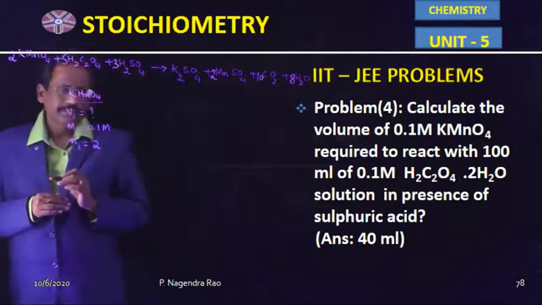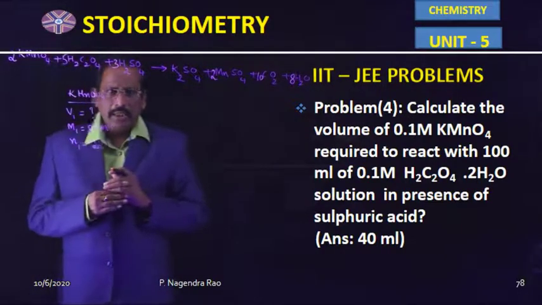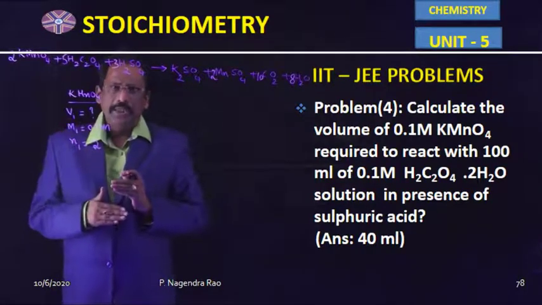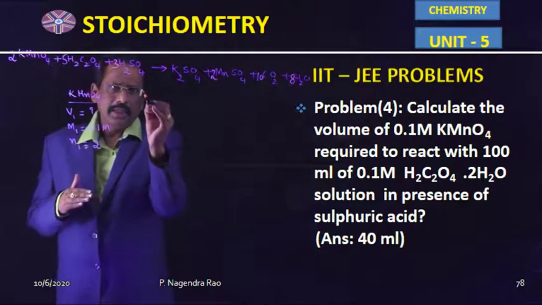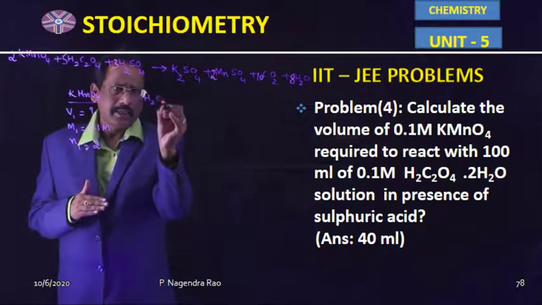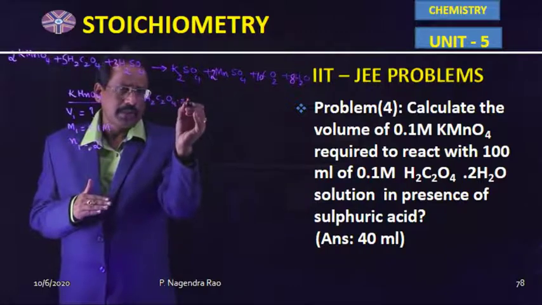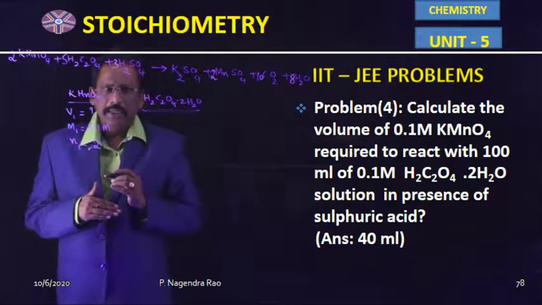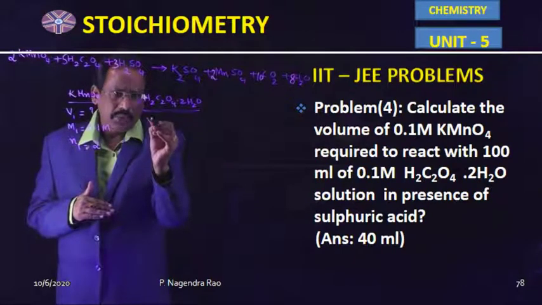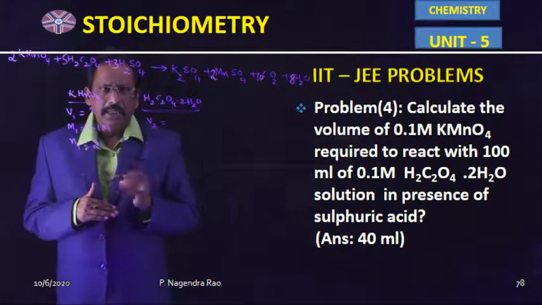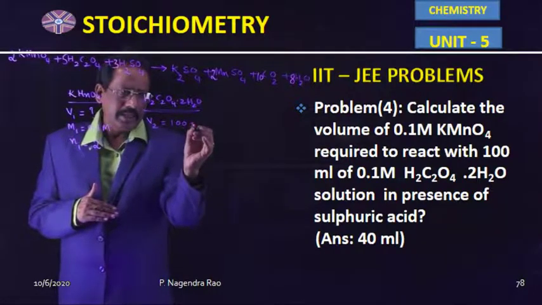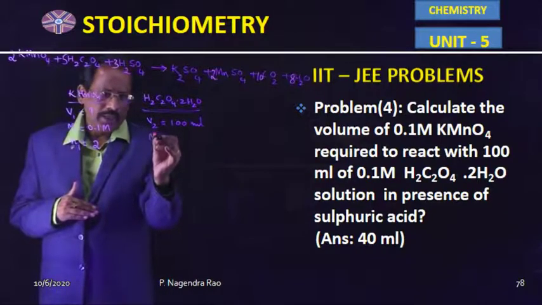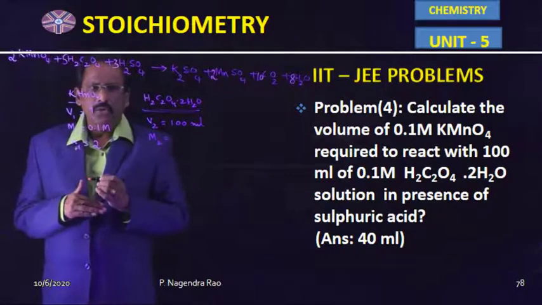You have to calculate how much volume of KMnO4 is used in this chemical reaction. In the case of oxalic acid, H2C2O4 with 2 moles of H2O, the volume of oxalic acid is given, which is equal to 100 ml, and the molarity of oxalic acid is also known to you.